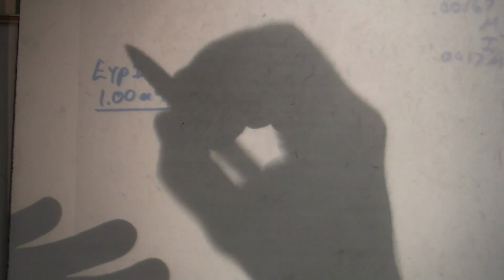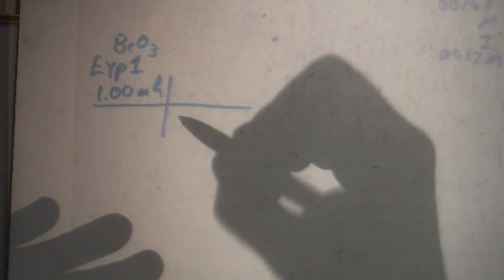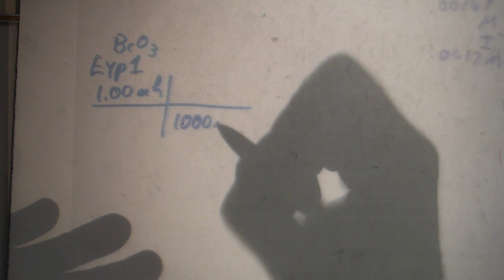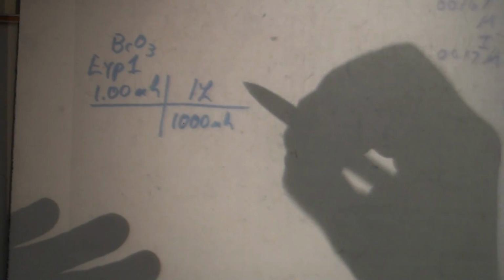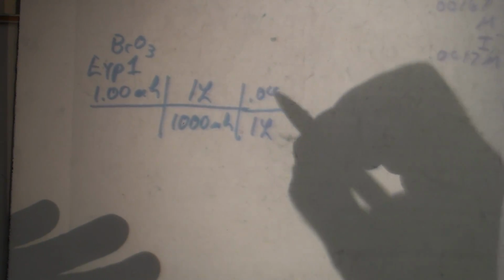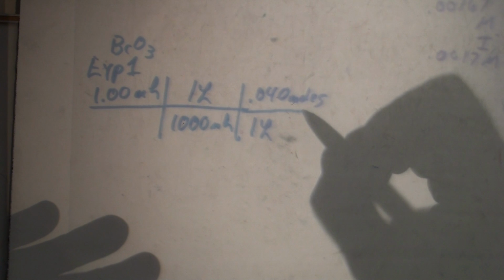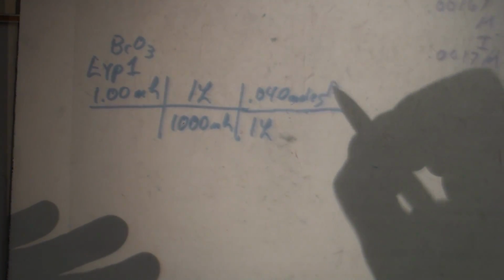Experiment 1, this is for the bromate. So 1 mil converted to liters. In 1 liter, there's 0.040 moles of bromate.